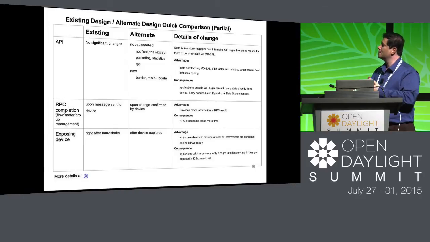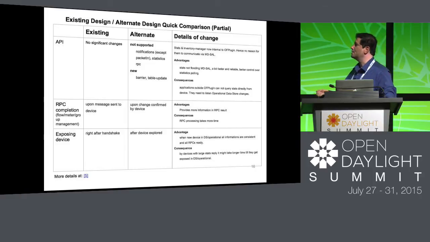They need to listen to changes to the operational data store. So that is one of the consequences. The other mechanism that was changed, and this is a partial list, is not a major change, but it's a partial list.